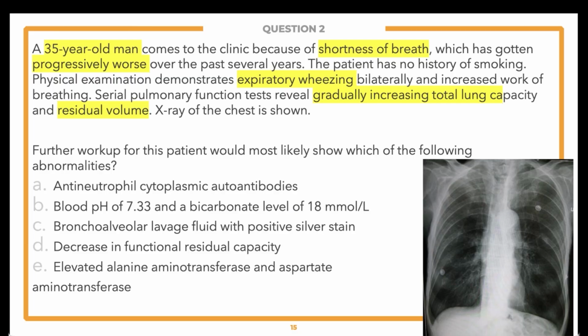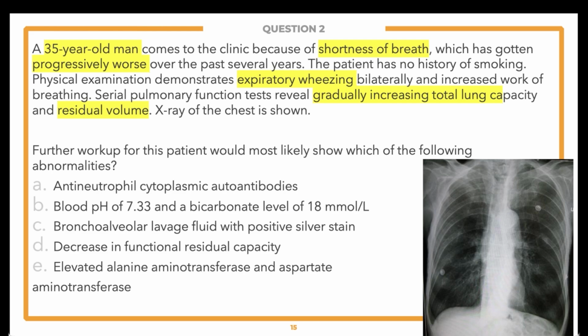I'm not quite sure if I've seen this before, where a tie for first and I guess a tie for third, with 10% of you going with anti-neutrophil cytoplasmic autoantibodies and pH of 7.33 and a bicarbonate level of 18. But quite a few went with answer choice C. So a lot of plausible options here, at least in the minds of tonight's crowd.